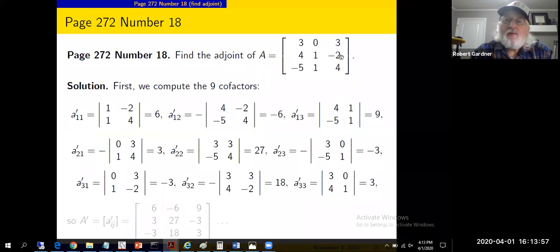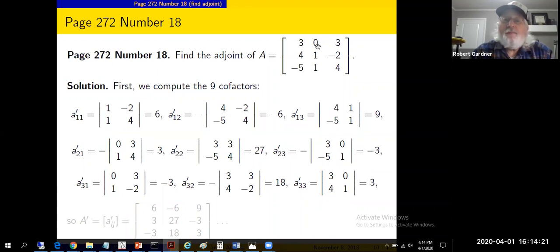That'll leave us with a little minor matrix, 1, -2, 1, 4, as given here. So we'll have positive determinant of this minor matrix. That would be 1 times 4 minus 2 times 1. It'd be 4 plus 2 is 6. There's that first cofactor.